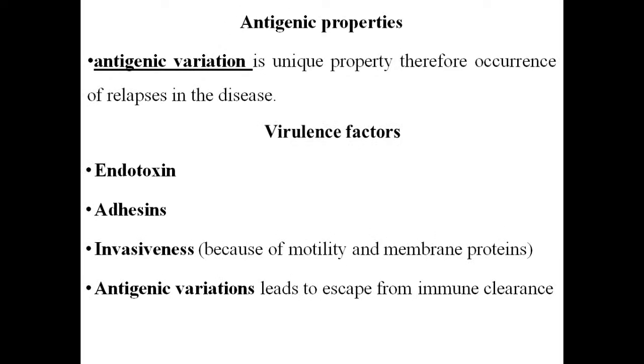Antigenic properties. There is one important property of Borrelia. It is antigenic variation. Antigenic variation is a unique property, therefore occurrence of relapses in the disease. Bacteria changes its antigen several times.